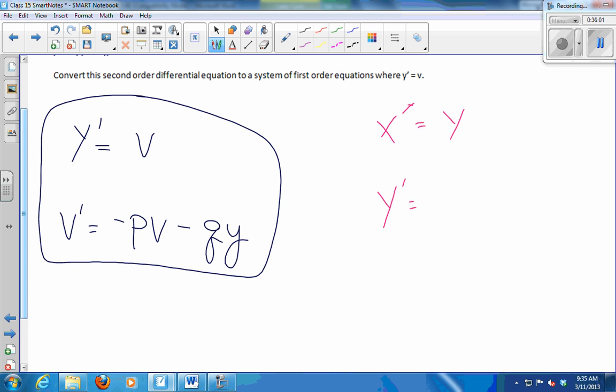It's the other variable. And then v is representing our y. So we have to let y be x and v be y in order to change the variables.